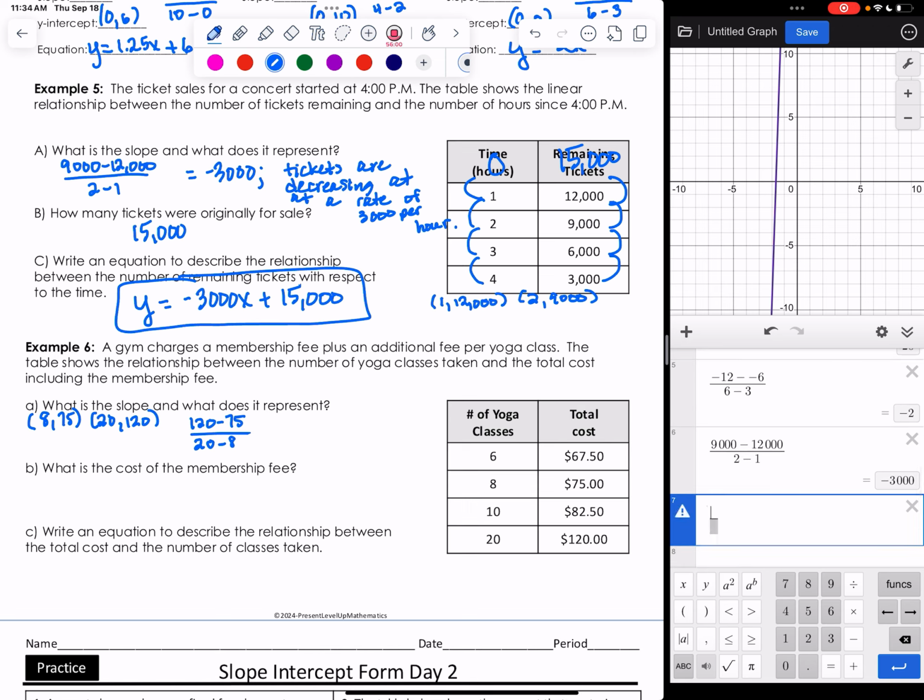Hit my division button. 120 minus 75 over 20 minus 8. Whoops, not 7. 8. That would be 3.75.